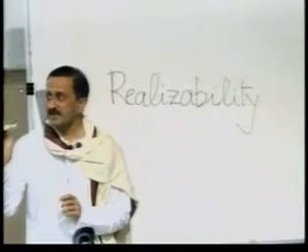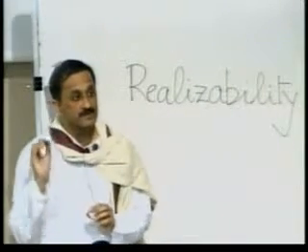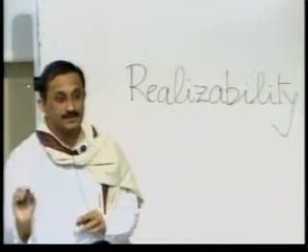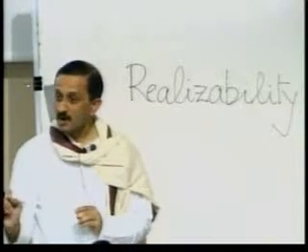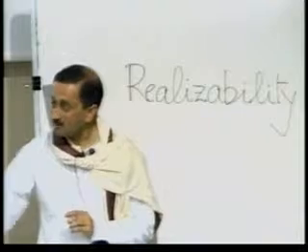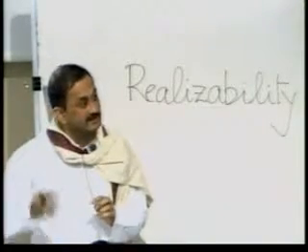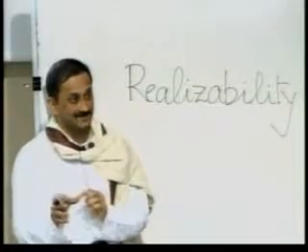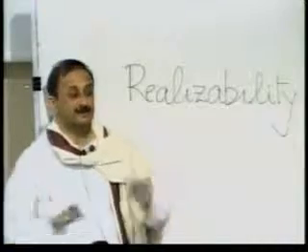We'll use a very succinct definition of realizability. What do you mean when you say a system is realizable? A system is realizable if for every value of the independent variable at the output, there is a finite amount of resource that needs to be invested to obtain that output from the inputs or past or other outputs.